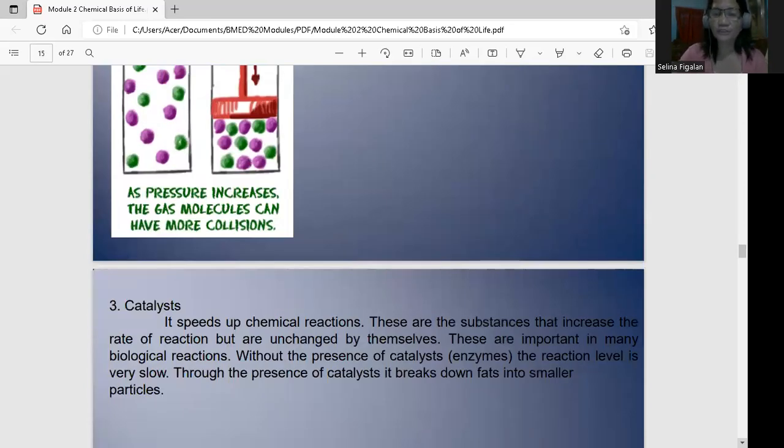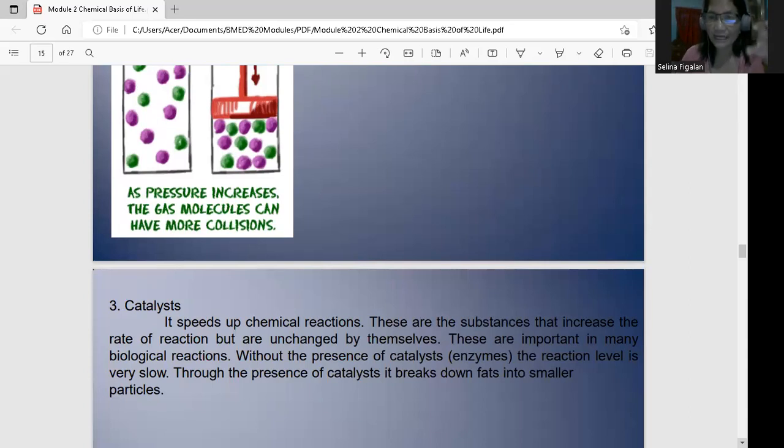Catalyst. So, di ba yung inyong biochemistry sa inyong laboratory before, it's about the enzymes. Di ba napapansin nyo doon, yung nilaga yung patatas? Di ba nung nilaga ang patatas at saka yung isa nilagay sa cold water, isa naman sa tap water, ano nangyari doon? Nung nilaga ang patatas, hindi nyo lang maintindihan, but every living organisms, meron siyang enzymes.